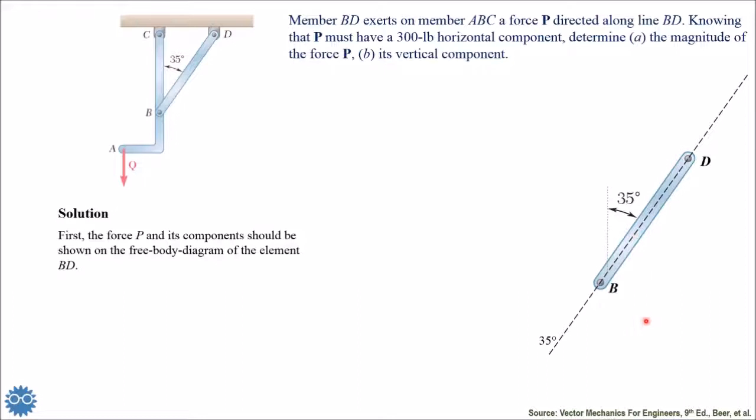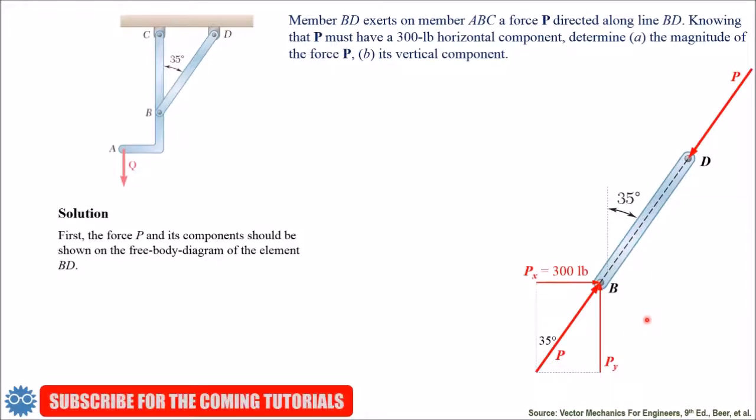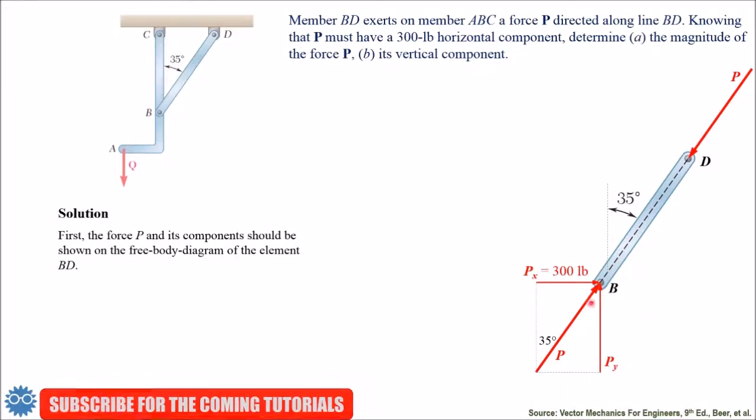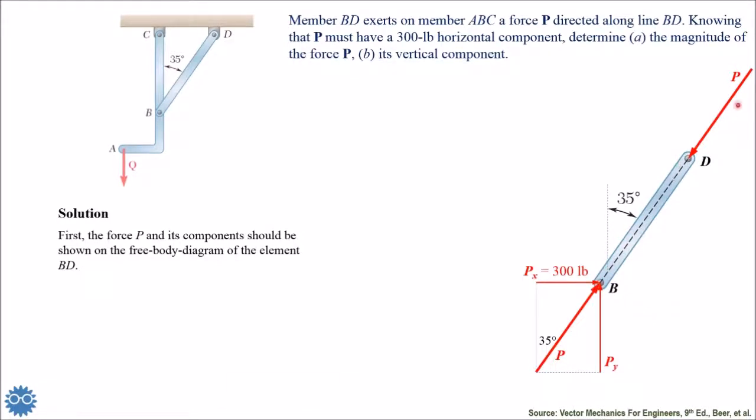So here we put the forces, as you see here. P is the force working along the axis of the member BD, and we take the point B because he says that the member BD exerts a force upon this member, so we are concerned with the point B.